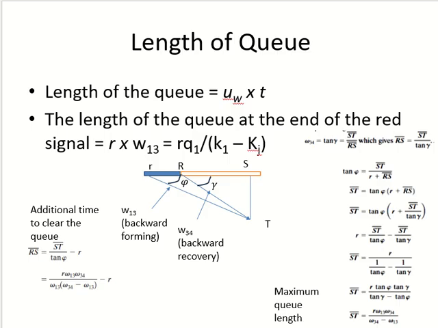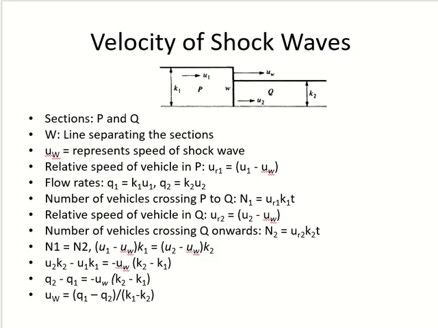In this equation, we are using Q1 and Q2. Q1 is the flow before the shock wave, Q2 is the flow after the shock wave. Signal becomes red, flow becomes 0, so Q2 becomes 0.